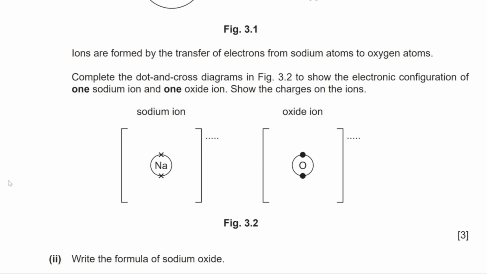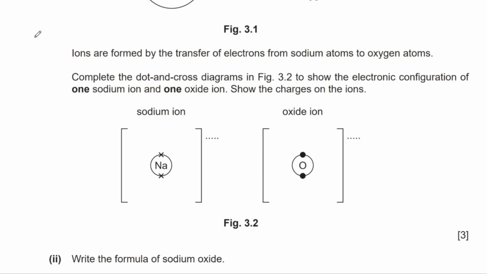Alright, so as we can see here, this is the sodium ion, this is the oxide ion. Sodium is located in the first group of the periodic table. That means it has one electron in its outermost shell, and they are asking for the outermost shell.